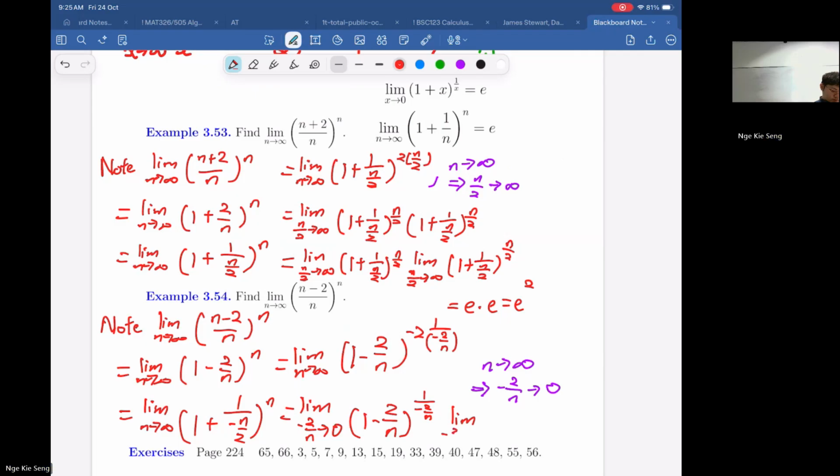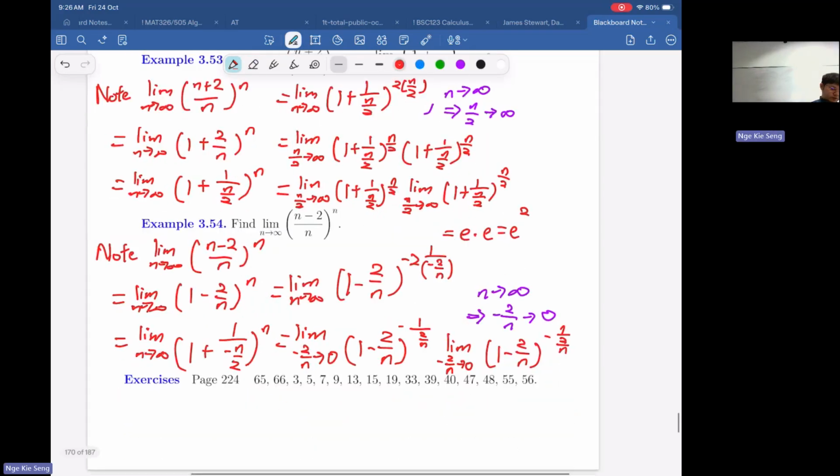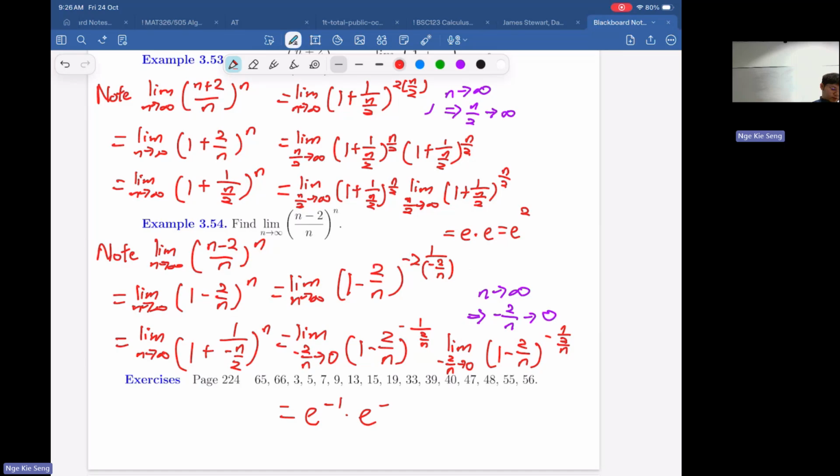That's going to be 2 over negative, wait, let me see. Yeah, so negative 1 over 2. So we get e to the negative 1 times e to the negative 1.